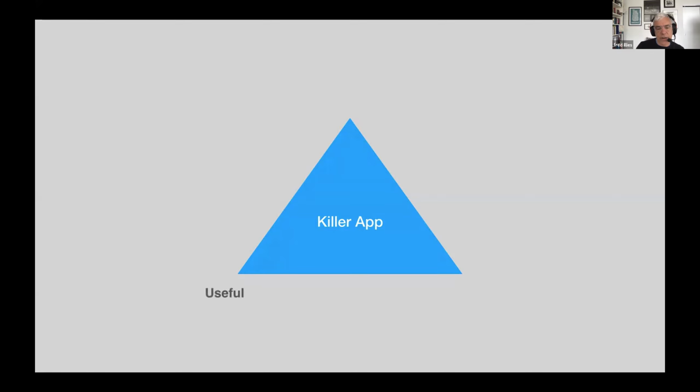The first one is it needs to be useful. That's the easy part, especially for you guys. Building the functionality into the database and into the solution is the easy part. The next part comes from making it usable, which is more difficult, as we'll talk about in a little bit. But you could have all the functionality in the world, and if it's difficult to access, or the customer or the user can't figure out how to get to it, then that's not going to be a killer app.